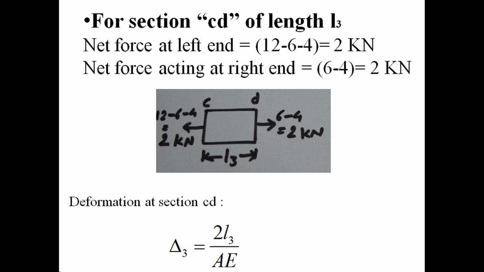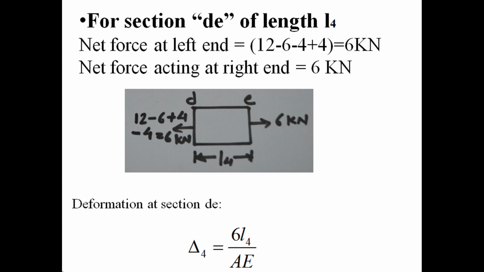So the final term will be 2 kilonewton. So the third section of length L3 is subjected to a tensile force of 2 kilonewton. The extension of section 3, if we denote it by delta 3, will be equivalent to 2 L3 by AE.